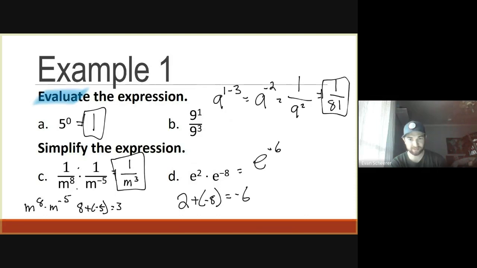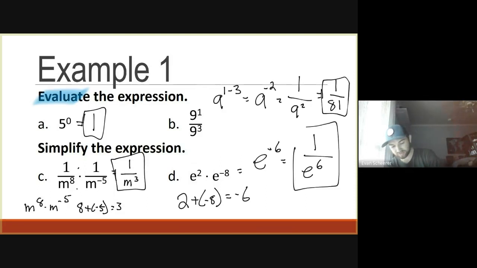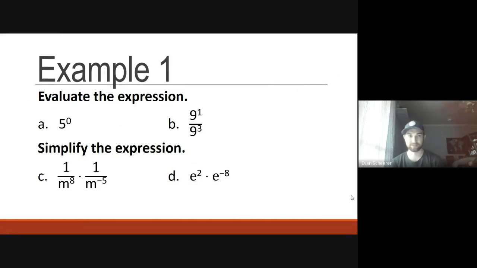You don't leave negative exponents, right? So instead, we're going to change it to a positive exponent. So we're going to put 1 over e, but remember, it's not negative 6, it's positive 6. 1 over e to the 6th is your answer. E to the negative 6 is the same as 1 over e to the positive 6.